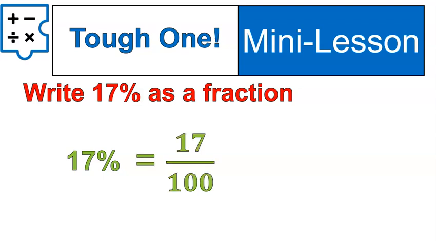There's no common factors between 17 and 100. And that means that they are what we call relatively prime, or they have no common factors between them, which means this is already in simplest form. So you can't simplify it any further. Just like the first two examples, we kind of come full circle to this example here. No common factors, it's already simplified.